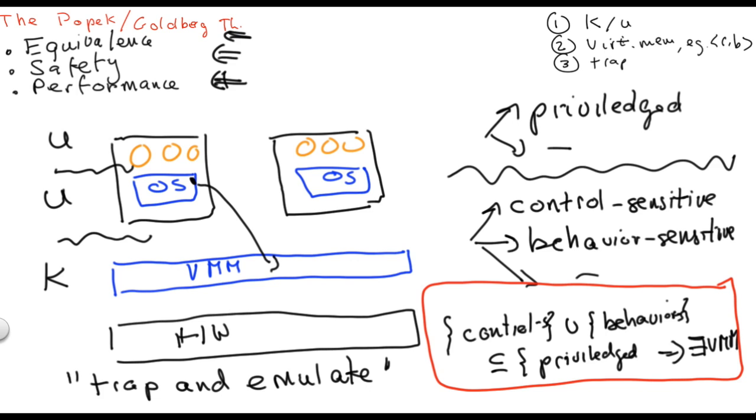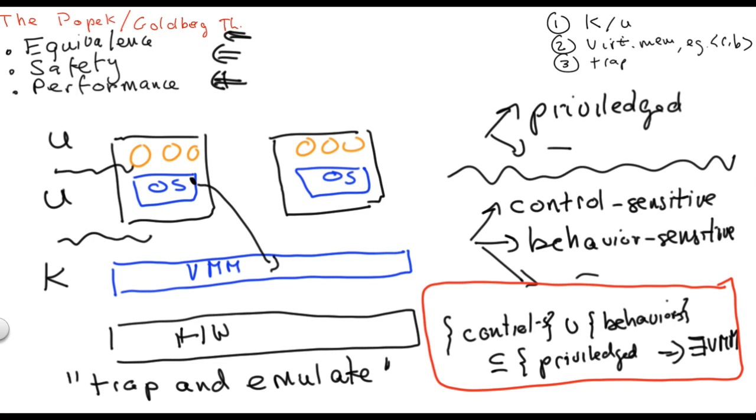Let's take the example of a behavior sensitive instruction that is not privileged. For example, one that returns the physical address for a given virtual address. Well, if the relocation register is different in hardware than the one that is specified by the operating system, then the answer will be different. And in that case as well, the equivalence property has been violated.